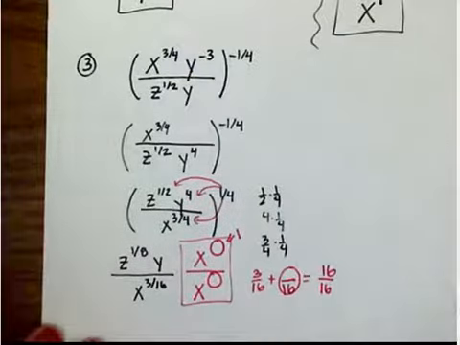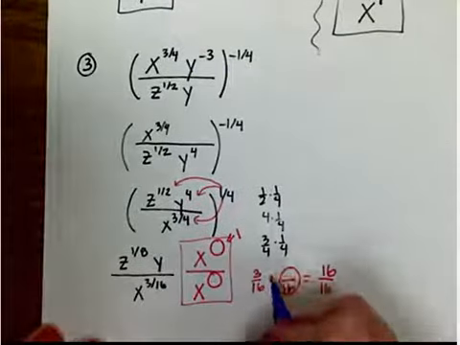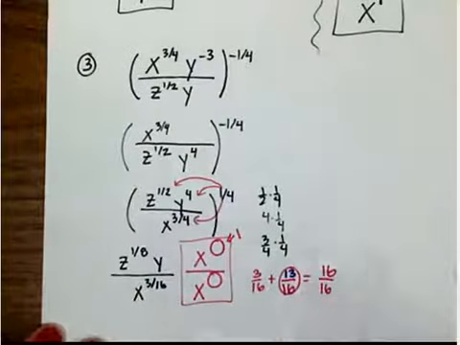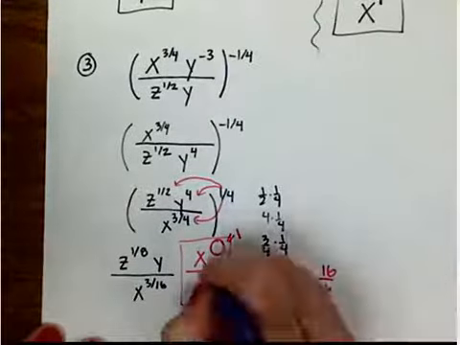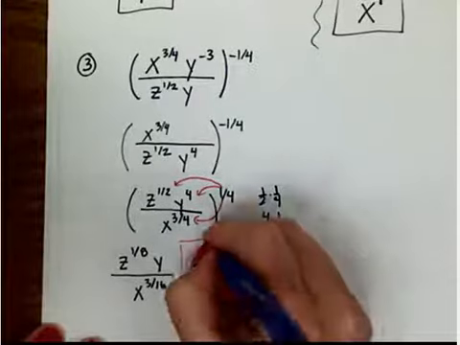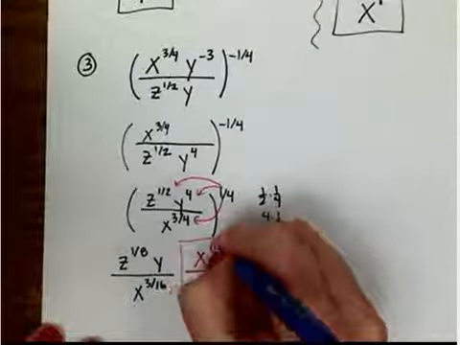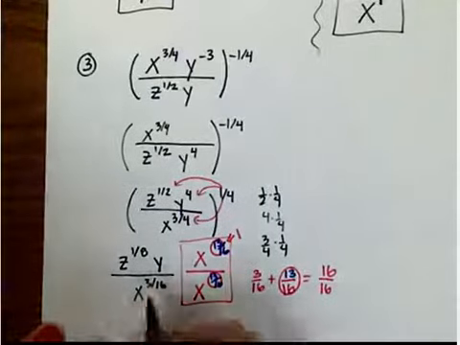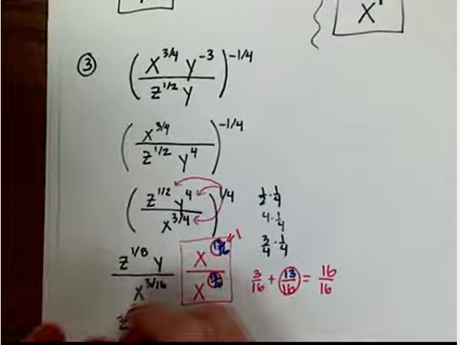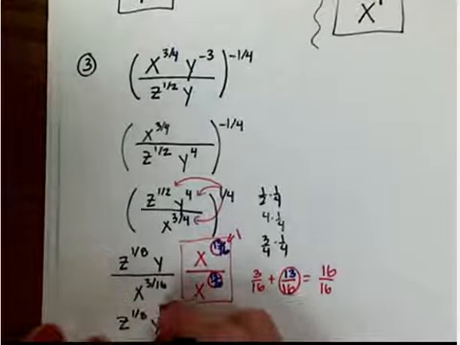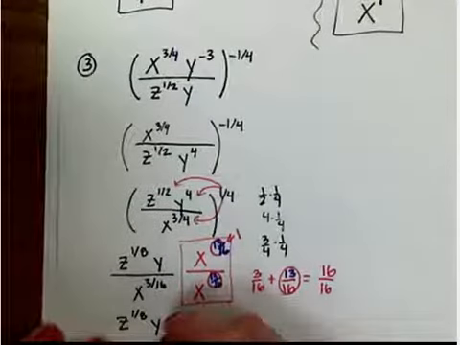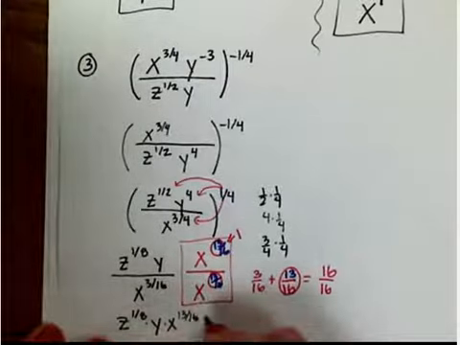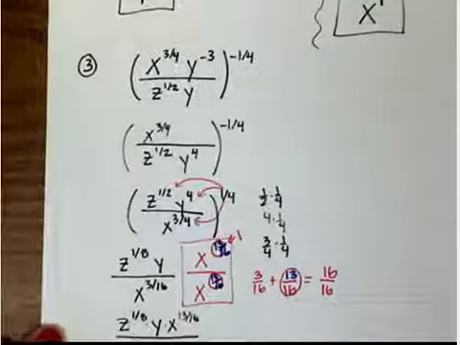Okay, so you are picking the numerator. 3 plus what equals 16? 13. Okay, so we're going to add the exponent, 13/16. Okay, now simplify. z to the 1/8, y to the first, x to the 13/16, all over.